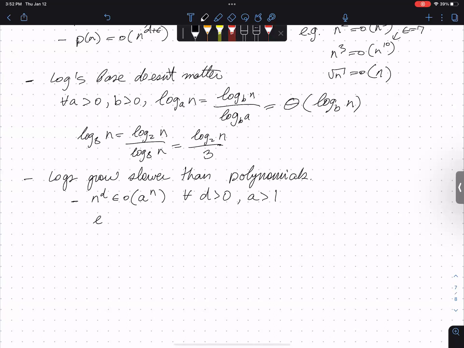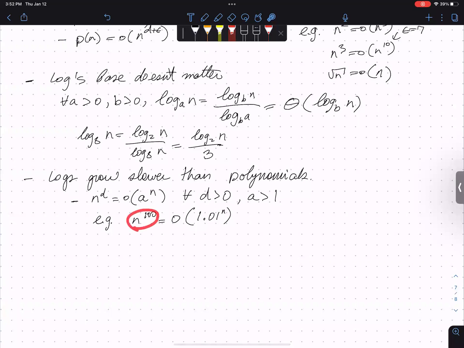So for example, n to the 100 is little o of 1.01 to the n. On the left, you have a polynomial of degree 100, a very big degree. On the right, you have an exponential function with a small base.